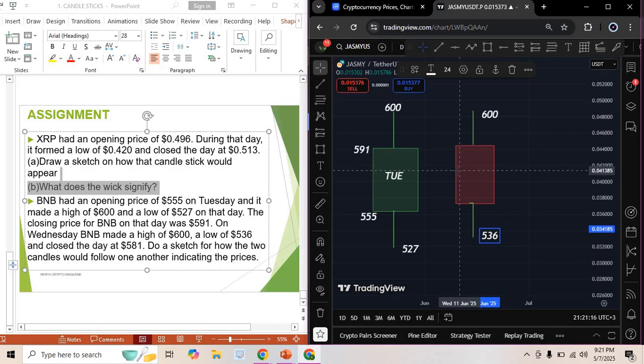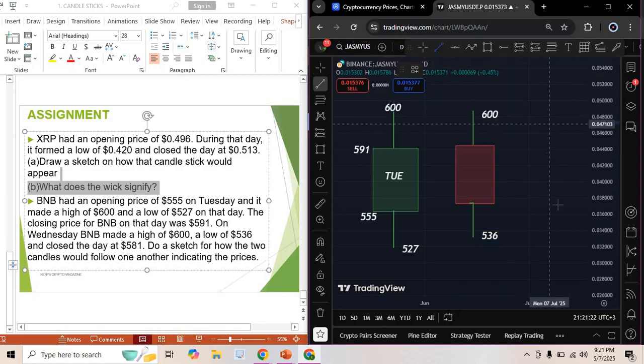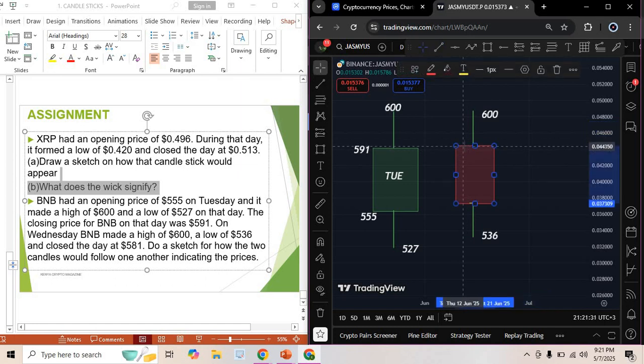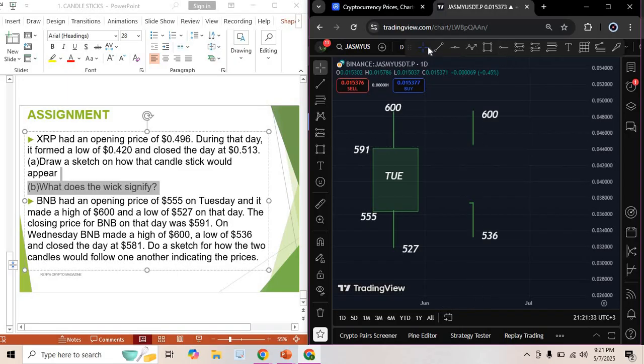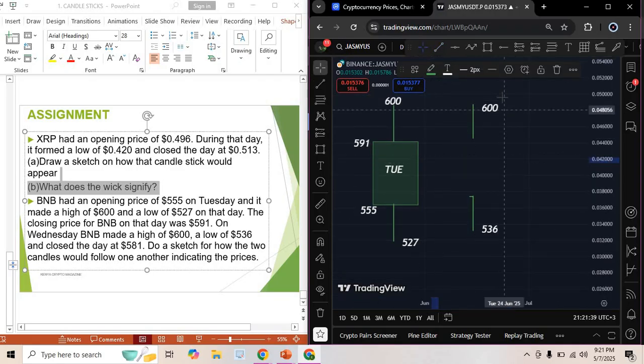It should be a doji. Yeah. Okay, let me just do that. Okay, perfect. I'll delete this rectangle and draw a line. Why is my TradingView misbehaving?